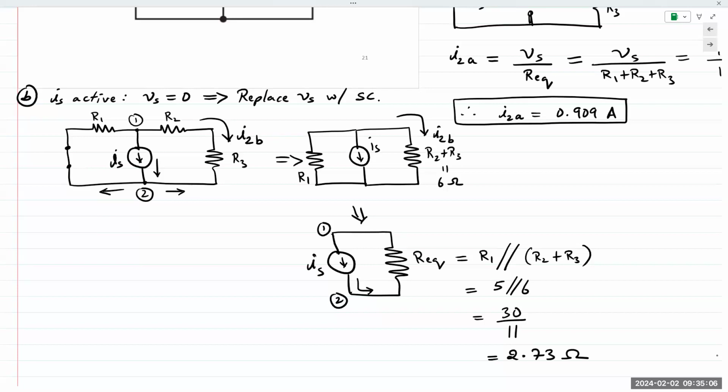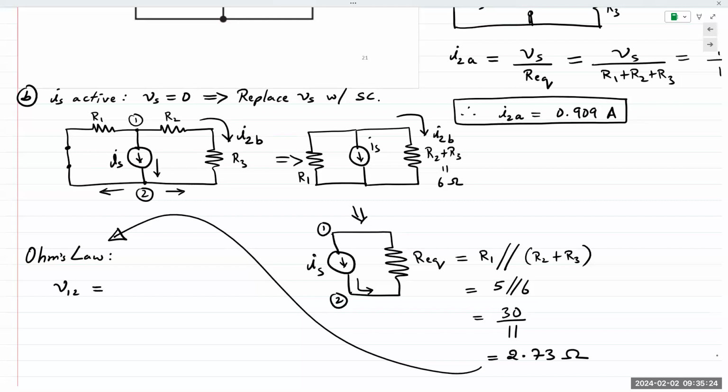So this is IS. Apply Ohm's law. From Ohm's law, I can write V12, voltage measured between 1 and 2, is IS times REQ.